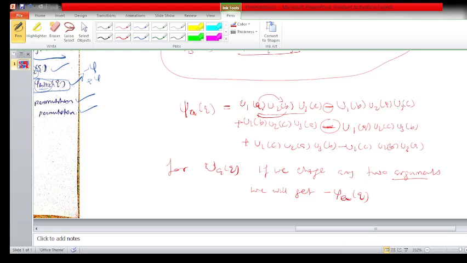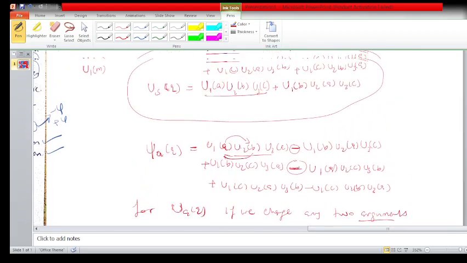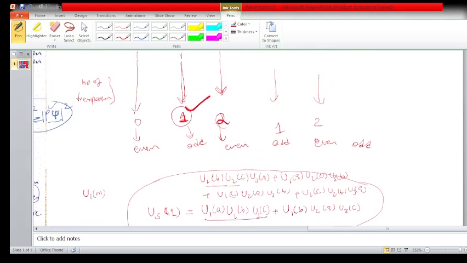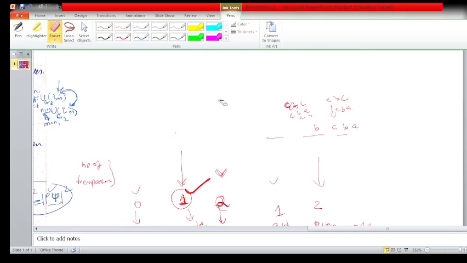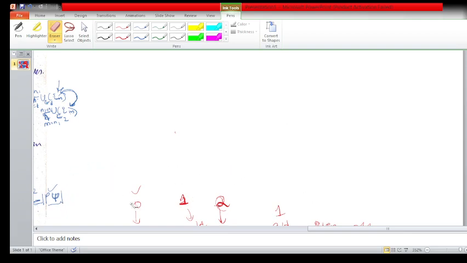Okay, and further, let us consider the same antisymmetric wave function in determinant form. So let me erase this and put that in determinant form.